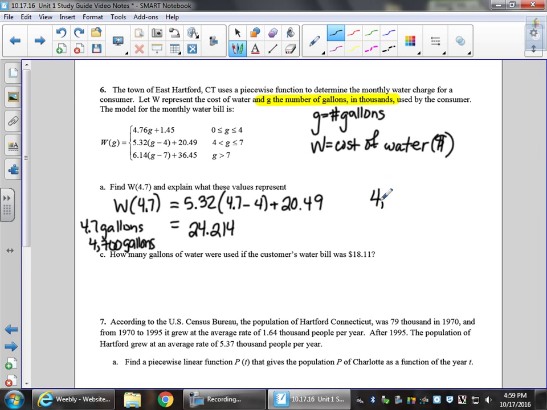So 4,700 gallons of water will cost $24.21.